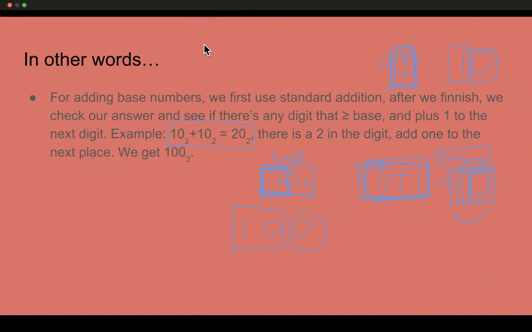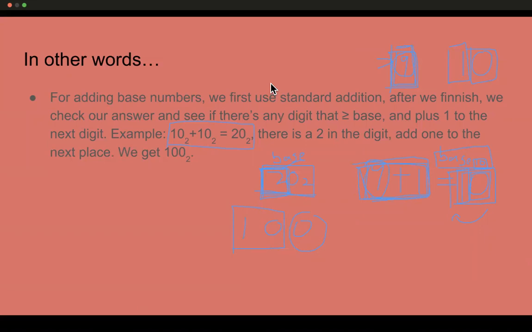All right, cool. Let's move on, since we all got the basic manipulations of adding base numbers. Yes, exactly.